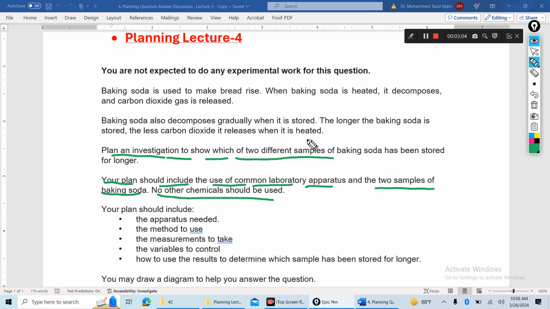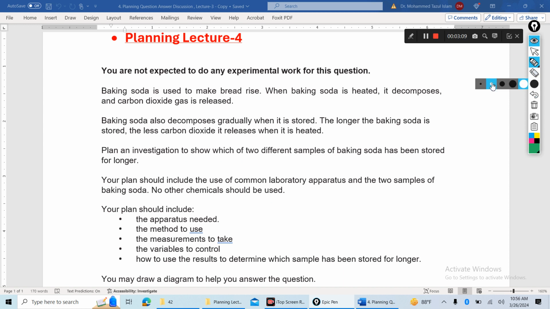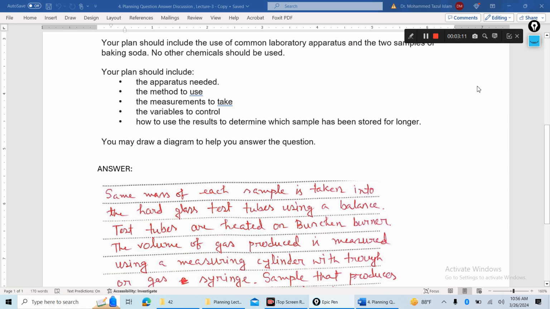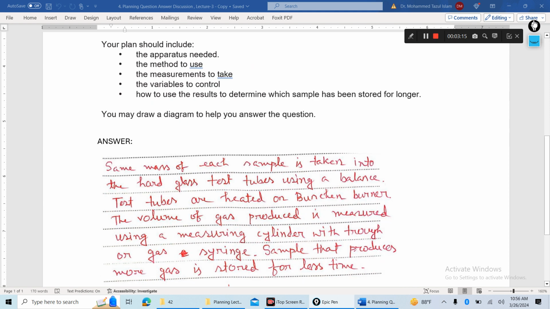Your plan should include the apparatus needed. You have to write the apparatus name, which method you will use, the measurements to take.